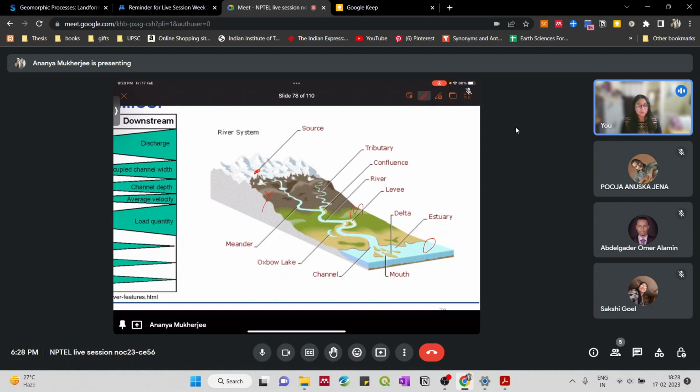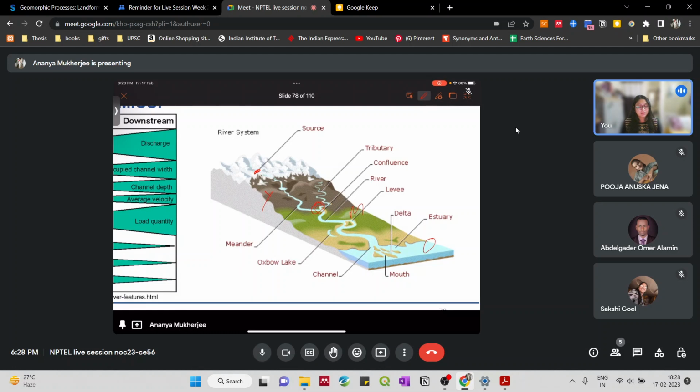You have tributaries joining the main river channel. This is a confluence, where a tributary is meeting the main river channel, or maybe two tributaries come together and form the main river.